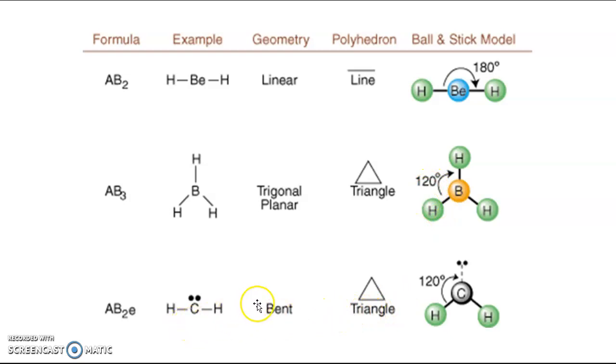In the case of bent, the molecule is a triangle, but in this case we have a pair of electrons that are not shared. These are lone pairs. Even though we have three groups of electrons around the central atom, one group is not shared, it is a lone pair.